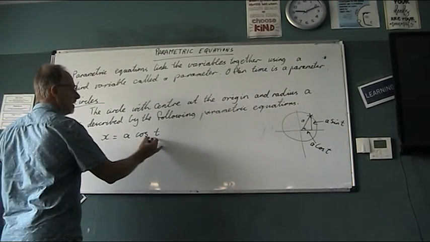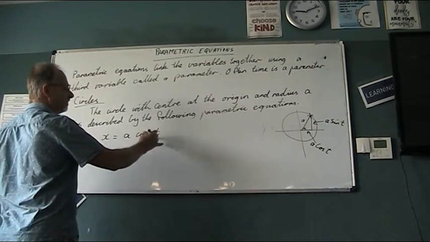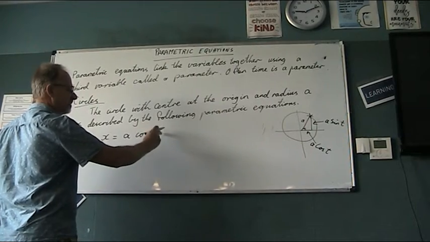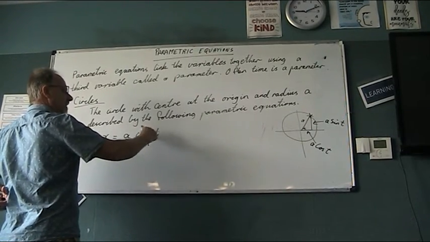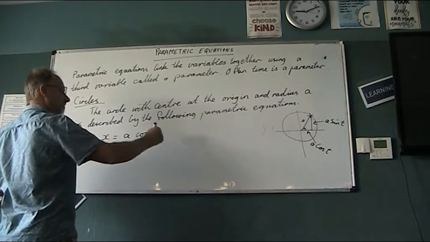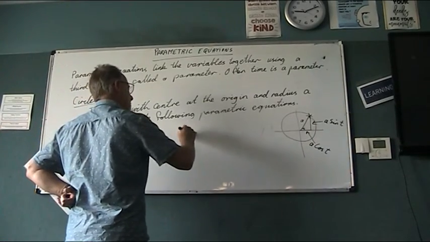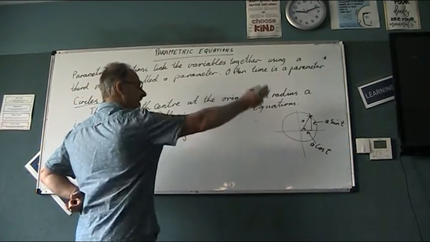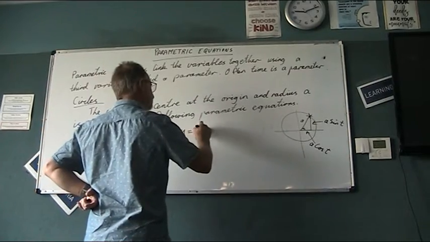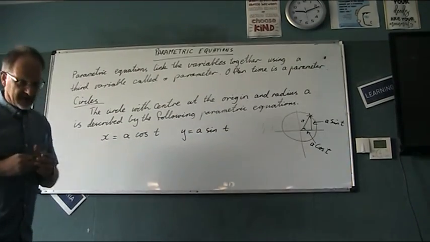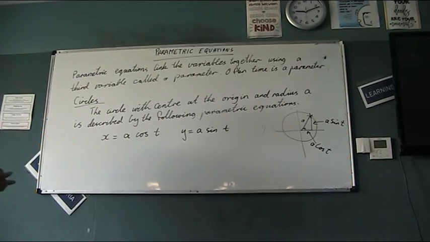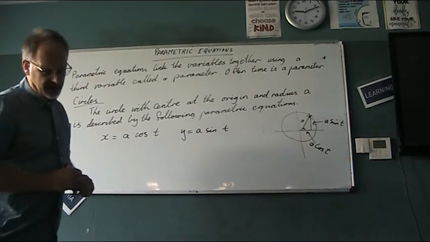Alright, and so this is really quite simplified. There may be some other number with the t to indicate, I guess, how fast the thing's moving around the circle. But it's certainly the time involved.